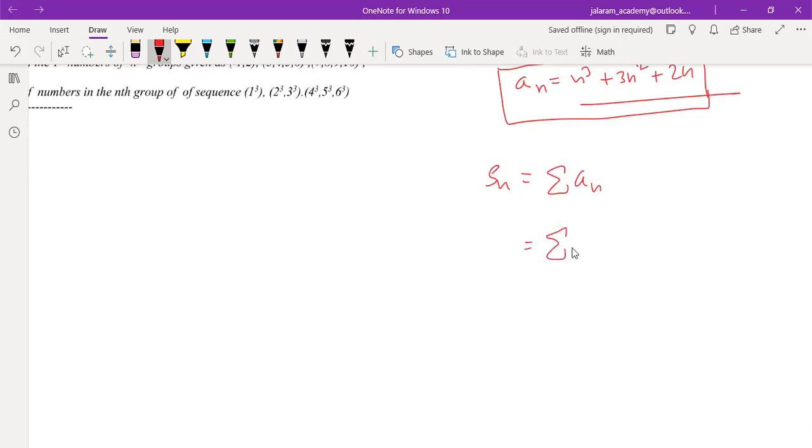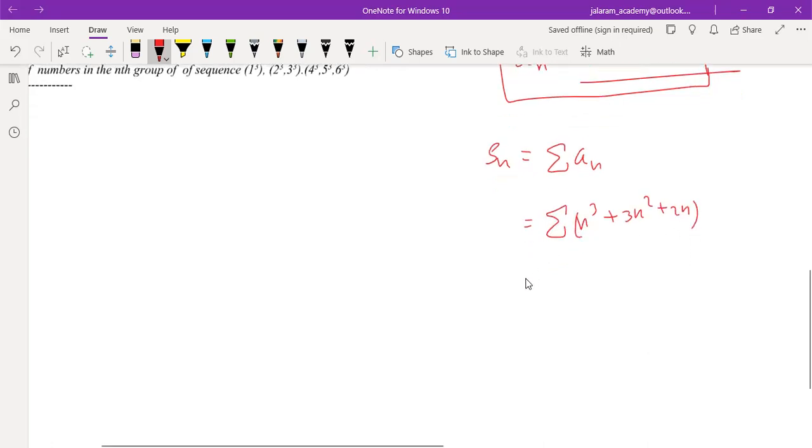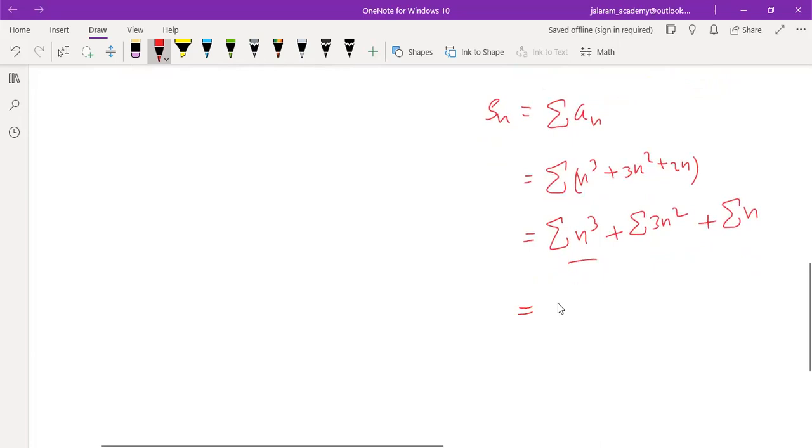So it is sigma of (n cube plus 3n square plus 2n). Separate them: sigma n cube plus sigma 3n square plus sigma 2n. Now sigma n cube, we know, is n square by 4 into (n plus 1) whole square. 3 is a constant, so write it outside the bracket, into sigma n square.